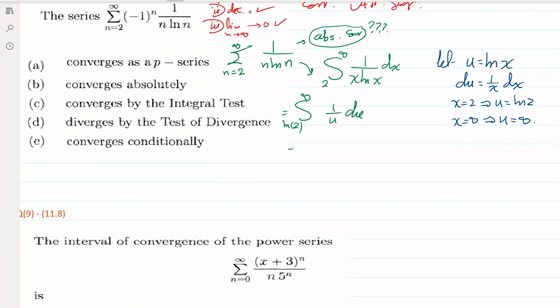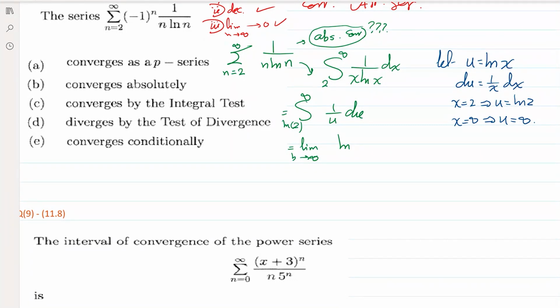Yes. And the integral here will be the limit, if I choose b going to infinity, of what is the integral of 1 over u du? Ln absolute value of u. Yeah, absolute value. But do I need to put the absolute value here? No, because the interval here is already positive, so all the values of u are positive.